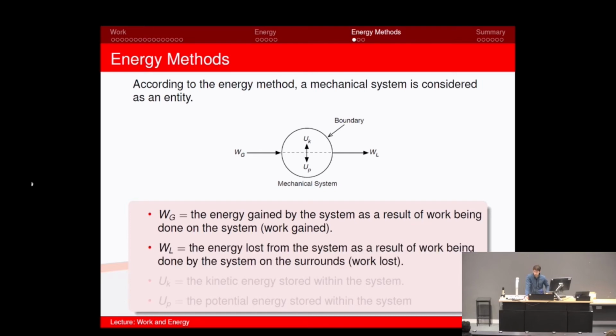And then there's the energy lost from the system as a result of work being done by the system on the surroundings. That can be frictional forces that it needs to overcome in order to move. And then the other two are the kinetic and potential energy that we just talked about. So those are the four main terms in play if we look at conservation of energy.